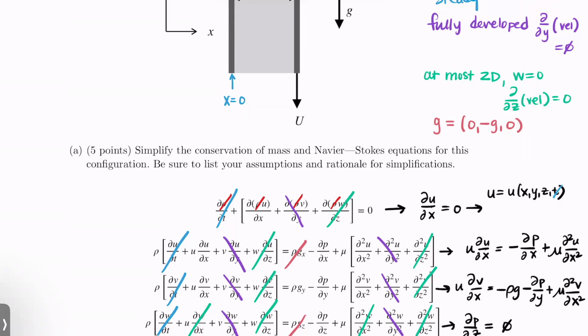We know that it's fully developed, so it's not going to depend on Y. And we also know that it's 2D at most, so it's not going to depend on Z. That means that U is just a function of X, and so I can turn this partial derivative into a total derivative. So I have du dx equal to 0, which just means that if we separate variables and integrate this, U is equal to some constant, C1.